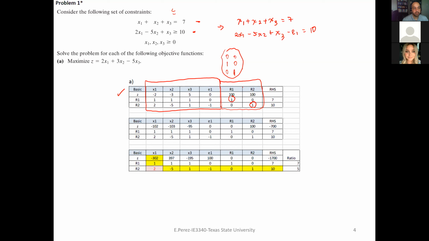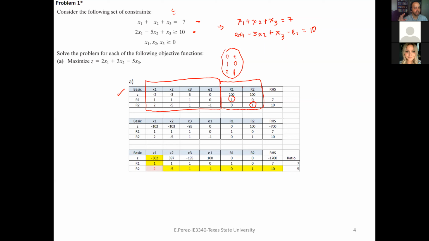So in the big M method, our idea is to find a coefficient that is big, and in this case it will be subtracted from the objective function. So we can find an initial solution that is going to eliminate the artificial variables out of the solution as quickly as possible.